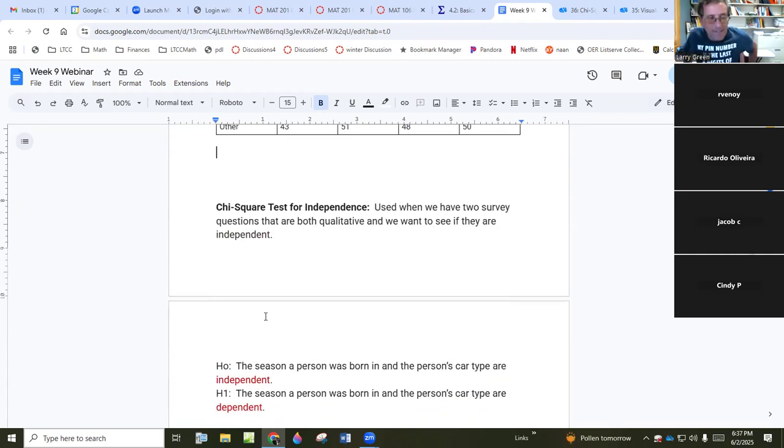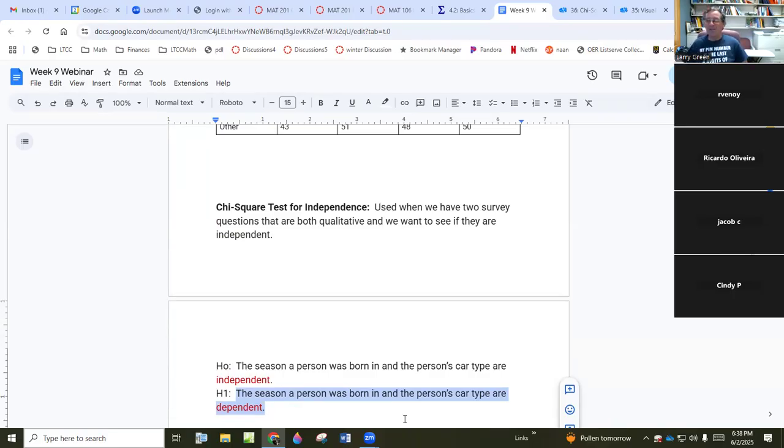H naught is: the season a person was born in and the person's car type are independent. Notice I screamed that word. And H1 is: the season a person was born in and the person's car type are dependent. And I screamed that word.